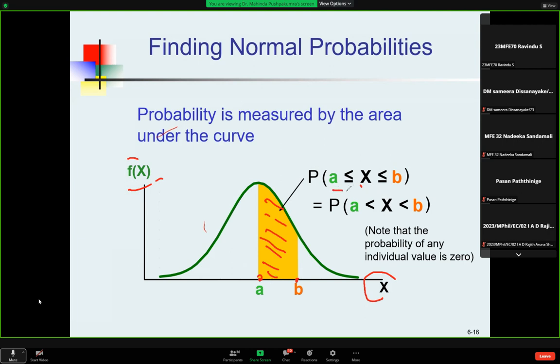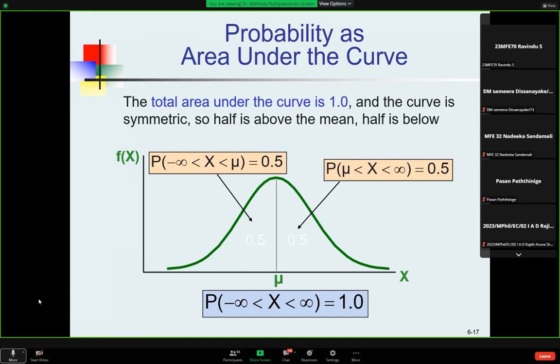It is the same as greater than A and less than B. In the X distribution, the probability under this curve is equal to 1. And this side is 0.5 and here also 0.5.